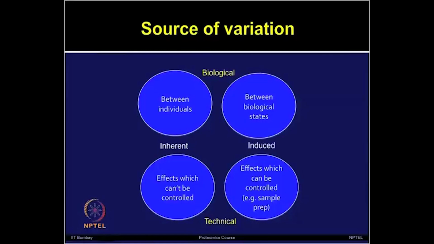Those biological variations are very tough to eliminate, but there are a lot of technical variations which can be improved during sample preparation, during the IEF settings, and during equilibration steps. All of those steps may result in large variations.